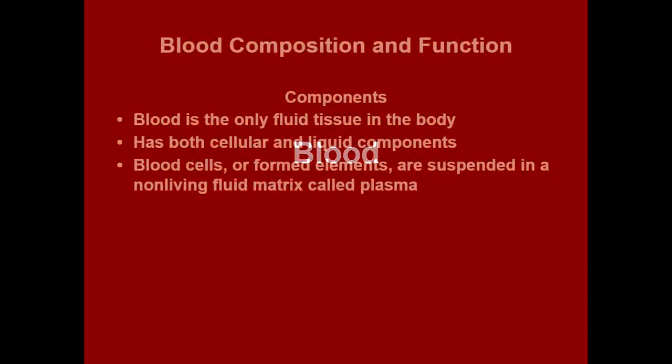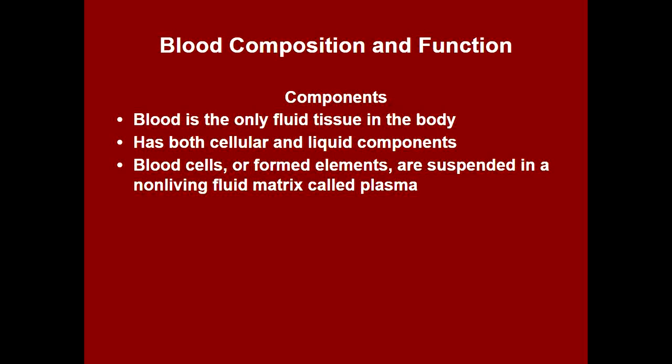So let's get started and begin by talking about what we find when we look at a sample of blood. When you go to the doctor and they take blood from you, blood has certain components. First off, we need to know blood is the only fluid tissue in the body. When we talk about blood, it is considered a tissue.